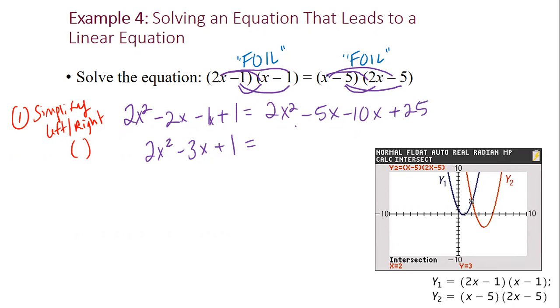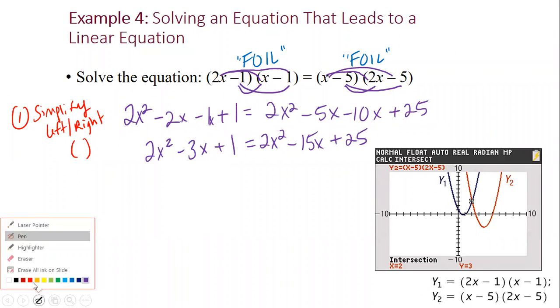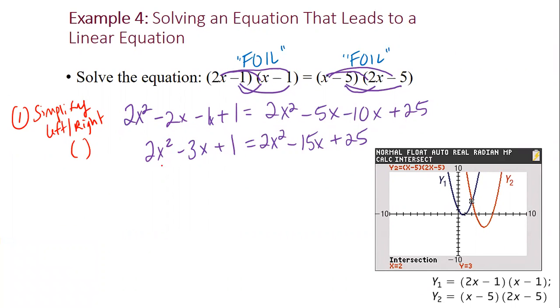We're going to simplify this and we get 2x squared minus 15x plus 25. Okay. When an equation has the same term on both sides, that term can be eliminated. So notice here I have 2x squared and I have 2x squared. That term can already be eliminated. Do you see how that works?